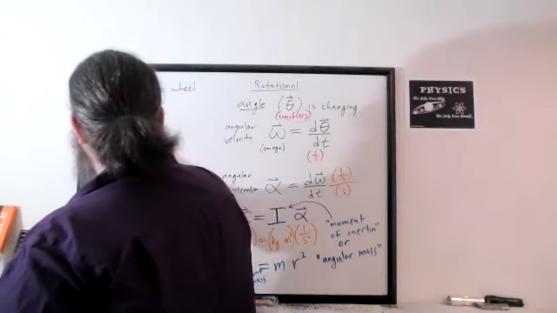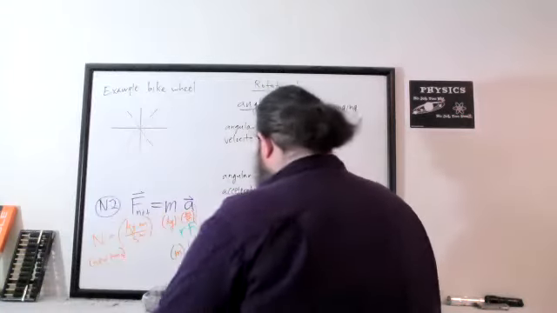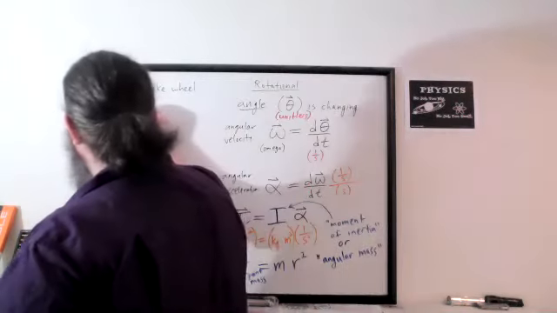So you've got these lightweight spokes, and you've got this much heavier outer rim and tire.